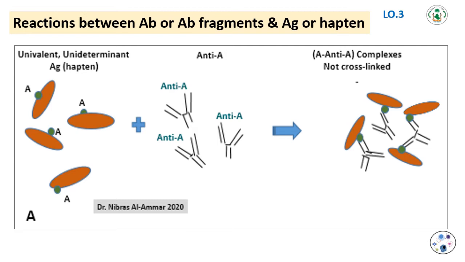Because it is a univalent, unideterminant hapten antigen, complexes will form but not cross-link between each other. There is no cross-linking in that case.